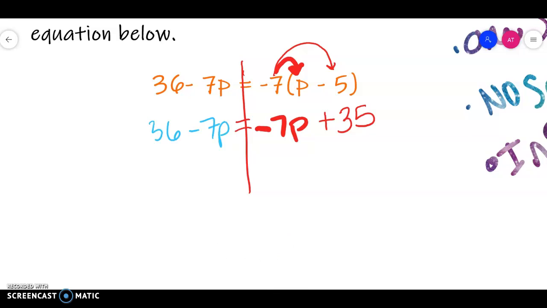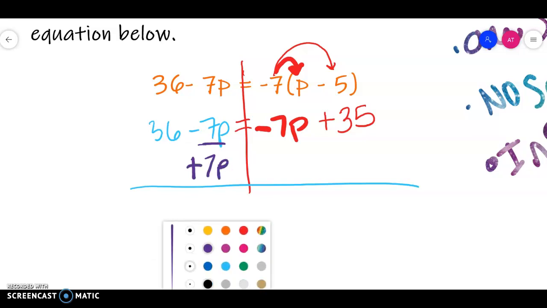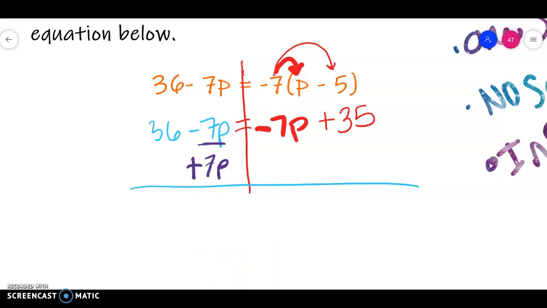So now, make sure your p's are on the left side. So we need to get rid of this -7p right here. What I'm going to do is the opposite of subtraction, which is addition. So I'm going to add 7p to both sides. On the left side it cancels.